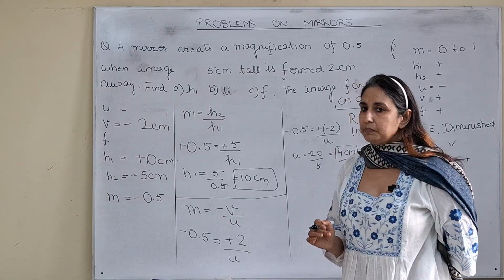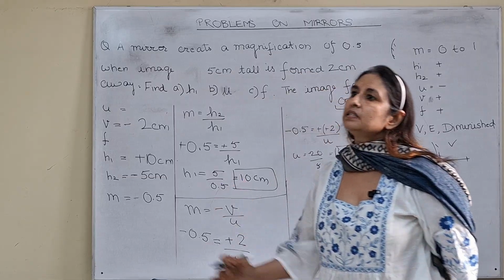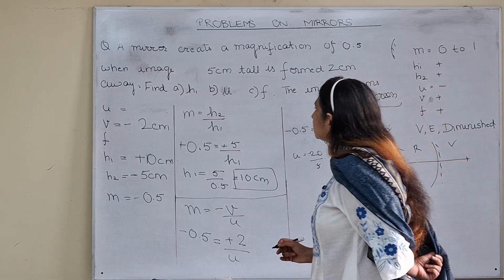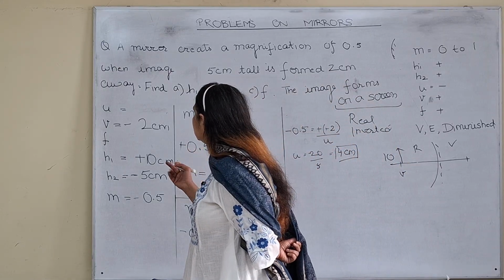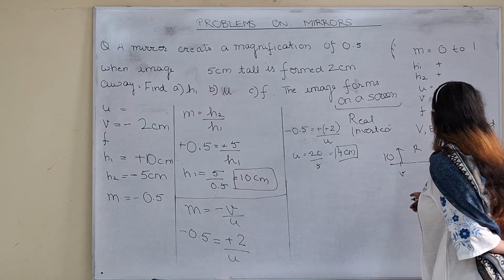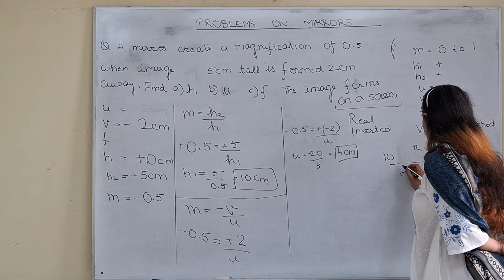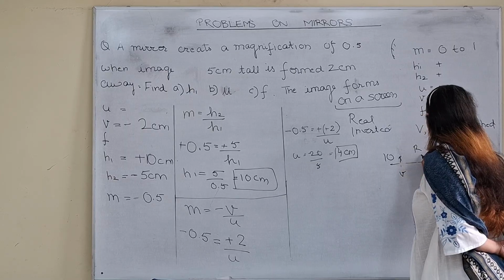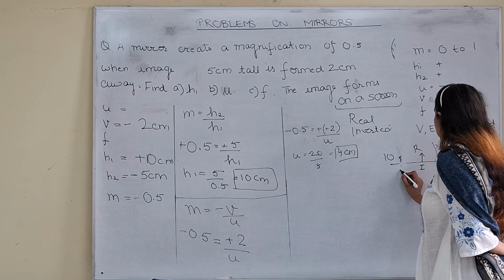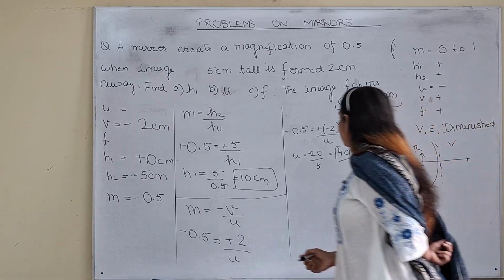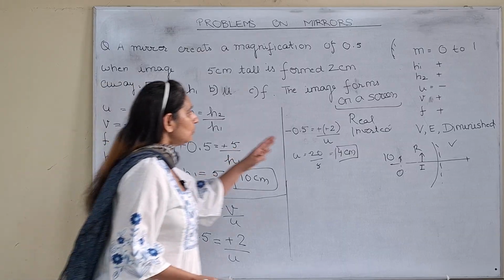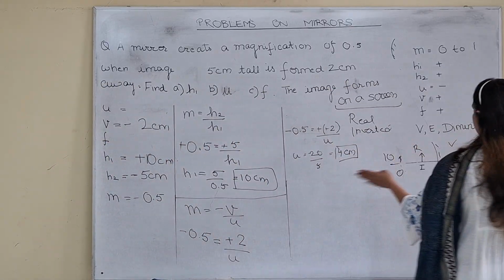That means the object is placed at 4 centimeter and it's making an image of 2 centimeter. Object is placed at 4 centimeter and image is formed at 2 centimeter. Okay, so it will be something like this: if this is the object, then the image will be here. It will be something like this. Okay, let's go ahead. We have U also now. All we have left is calculation of focal length. Now we know that it should come negative because of concave mirror.